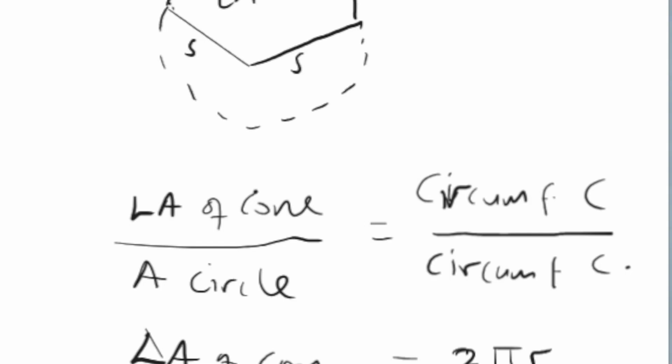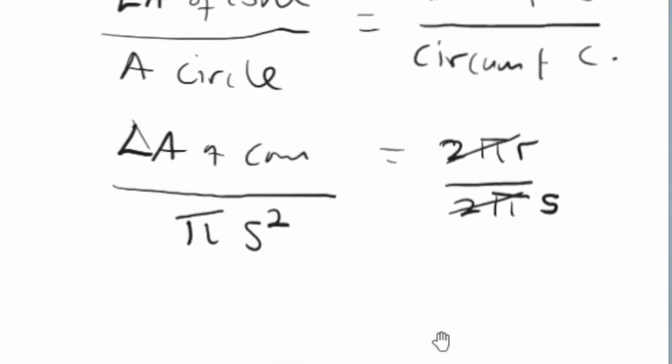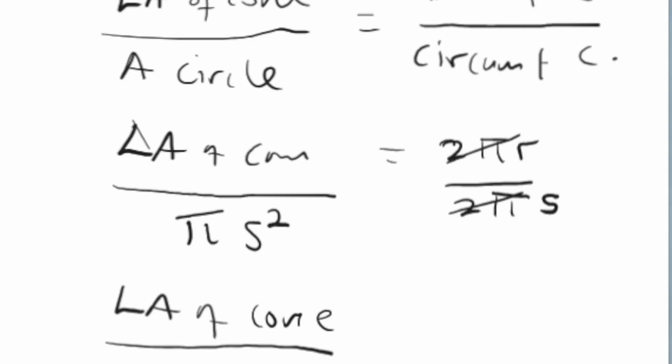So 2 pi can cancel 2 pi out. So we're now going to have the lateral area of cone over pi s squared is equal to r over s.